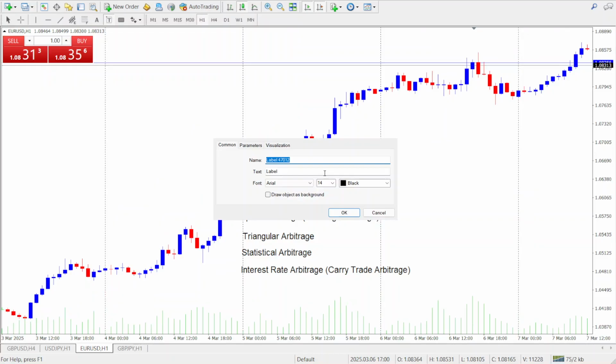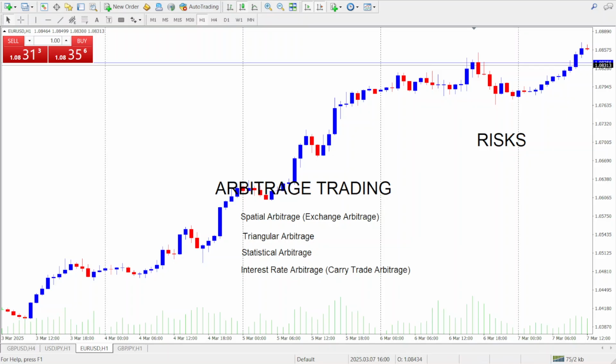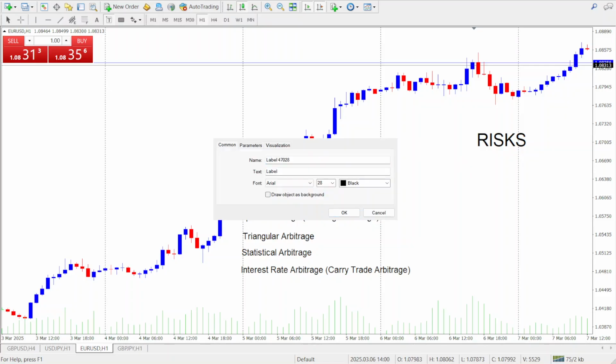Now we're talking about risks. So one of the risks that we have is execution speed.